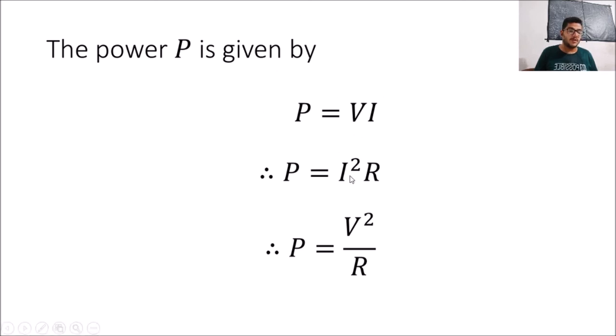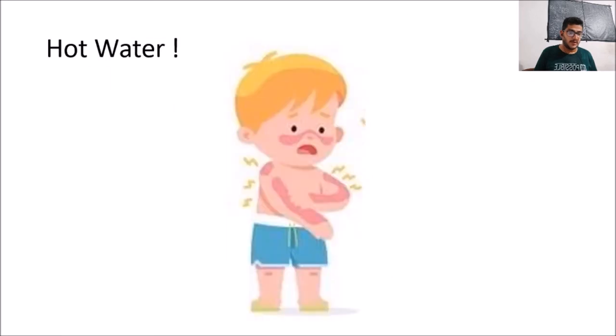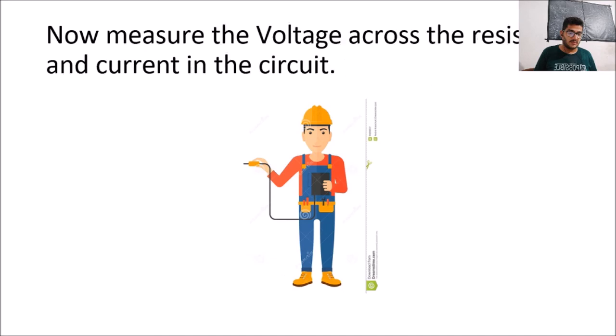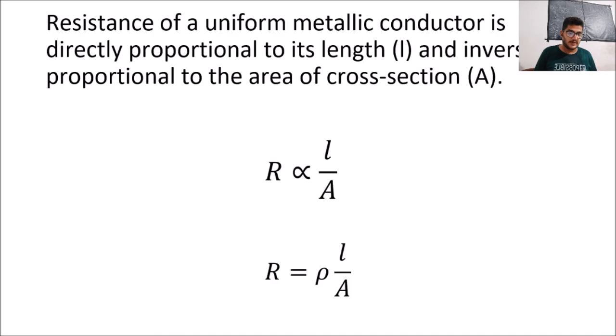So V is what? In the place of V, I can write IR. V equal to IR. We have already seen the equation. Let's summarize that.